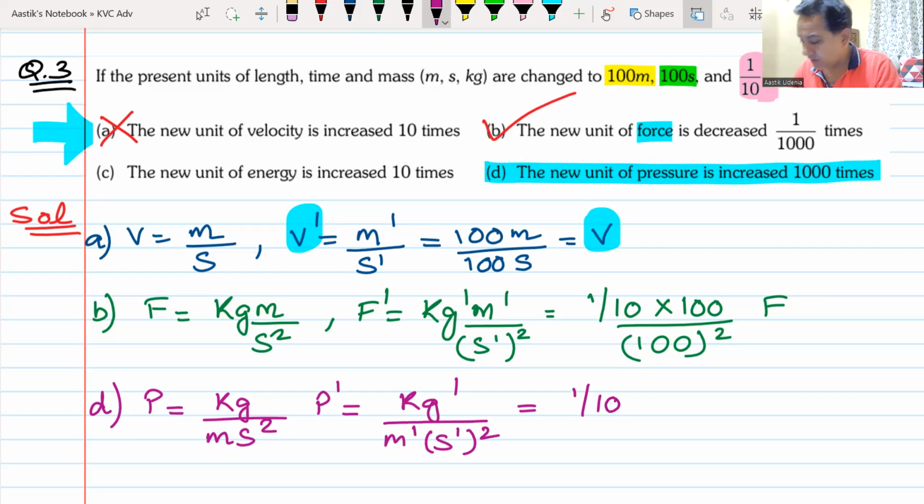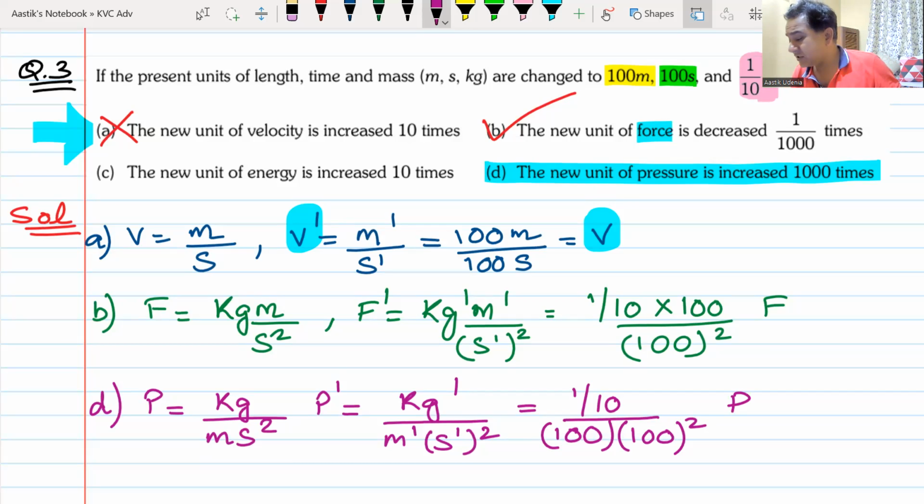Instead of kg dash, I will write kg, which is 1 by 10, divided by, instead of meter dash, I will write 100 times of meter. In place of second dash, I will write 100 times of second dash squared, and then I will be left with kg divided by meter into second square. That is my original pressure.